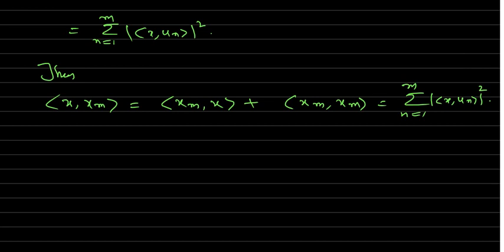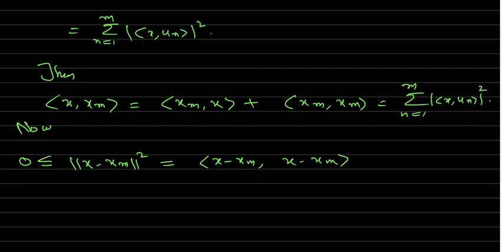Now let's see this. We have 0, which is always less than or equal to the norm of x minus xm squared. This is true. The norm is always greater than or equal to 0, but the norm is actually the inner product of x minus xm with x minus xm.